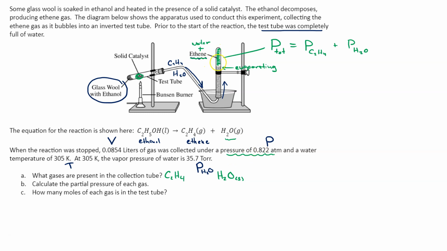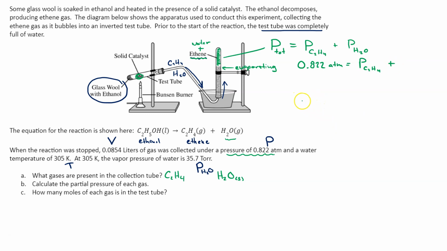That is the overall total pressure inside that collected gas. So I can plug in 0.822 as the total pressure. We're told that if the water is at 305 Kelvin, the vapor pressure of the water is 35.7 torr. So I do know the partial pressure of the water. The only one I don't know is the partial pressure of the C2H4.